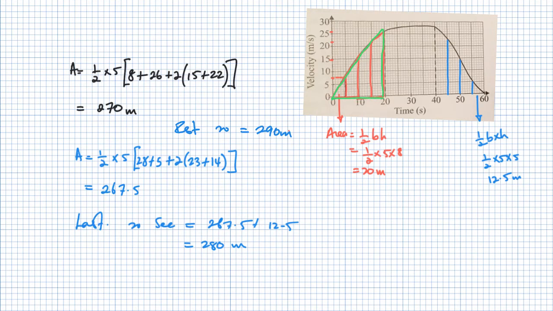For the last 20 seconds, I'd probably cheat a little bit, and I would go, okay, I've got some sort of a trapezium there, and I'd find the area of that trapezium and then turn that into a triangle at the end and then add the two areas together.